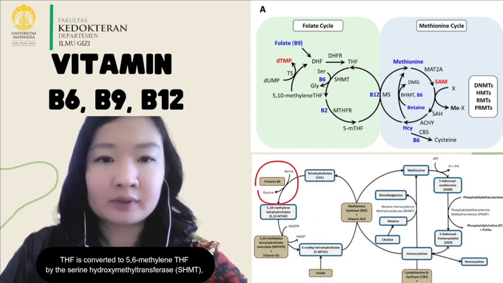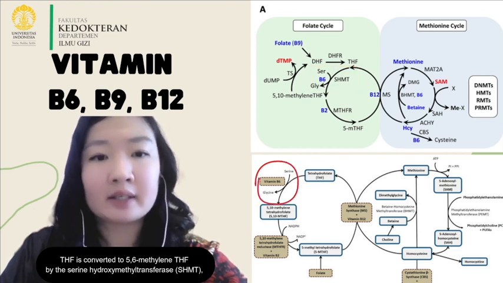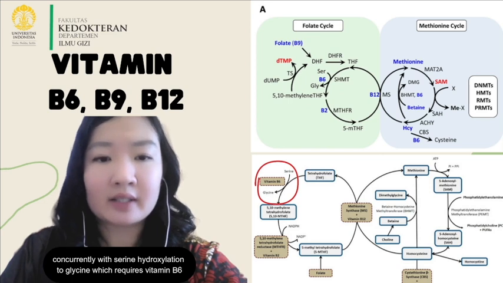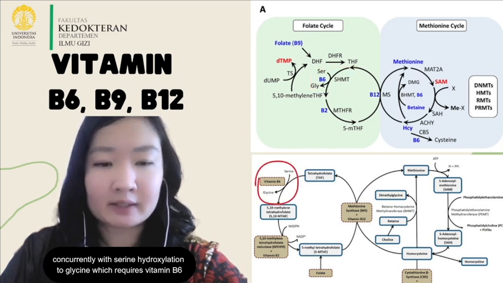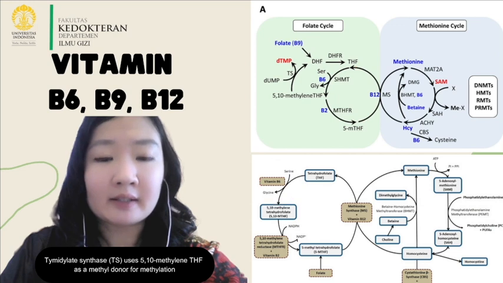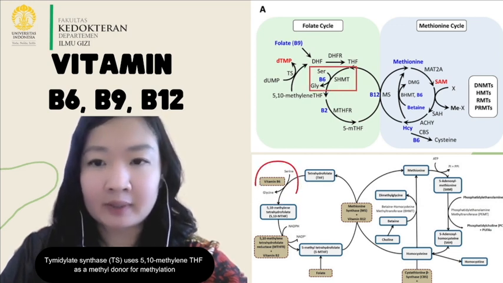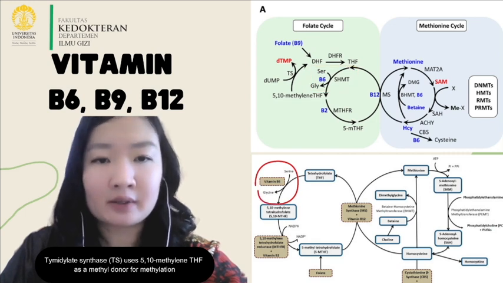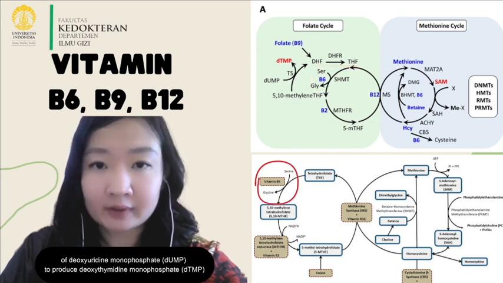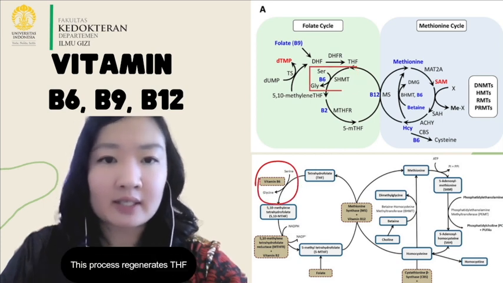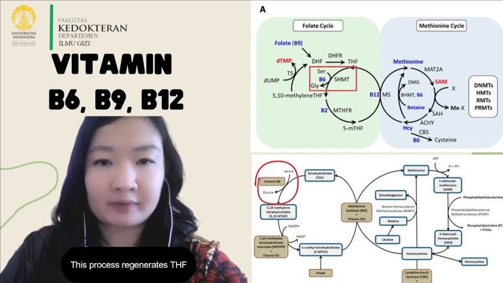THF is converted to 5,10-methylene THF by the serine hydroxymethyltransferase, concurrently with the serine hydroxylation to glycine, which require vitamin B6. Thymidylate synthase use 5,10-methylene THF as a methyl donor for methylation of deoxyuridine monophosphate to produce deoxythymidine monophosphate. This process regenerates THF.